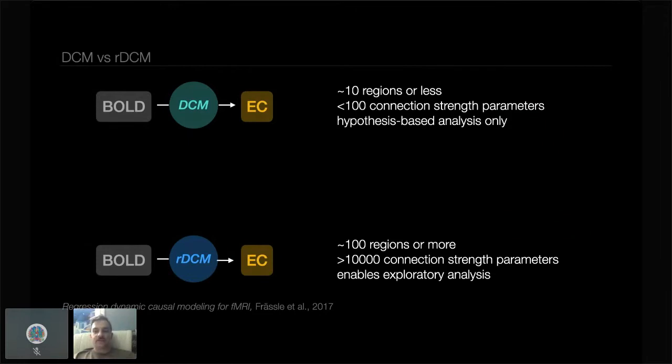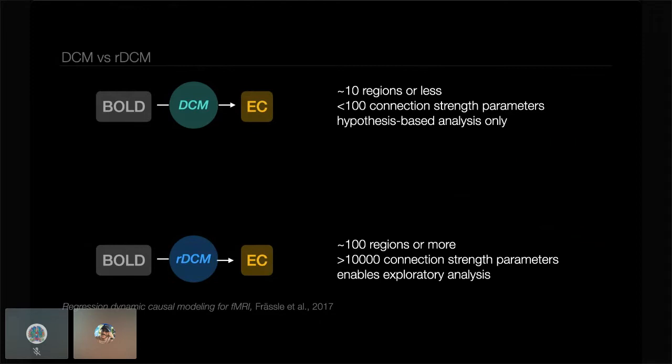With the same computational burden, rDCM is capable of modeling networks with over 100 different brain regions. And the main import of this computational efficiency is the opportunity to take a more exploratory approach to analysis and interpretation of effective connectivity, since a whole brain picture can now be available.